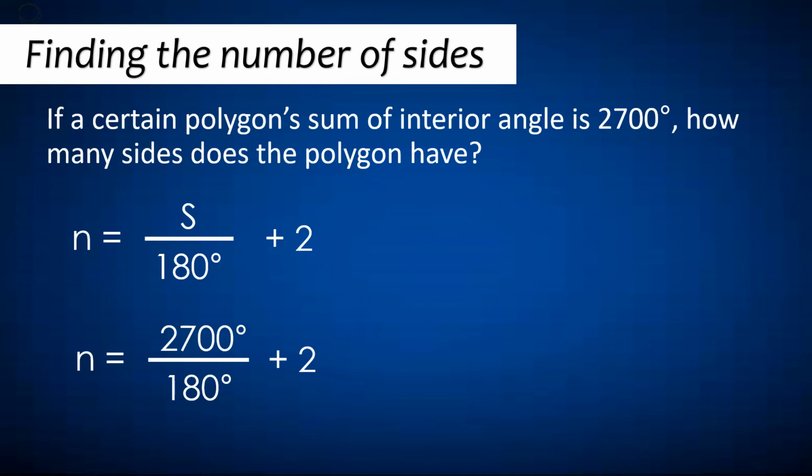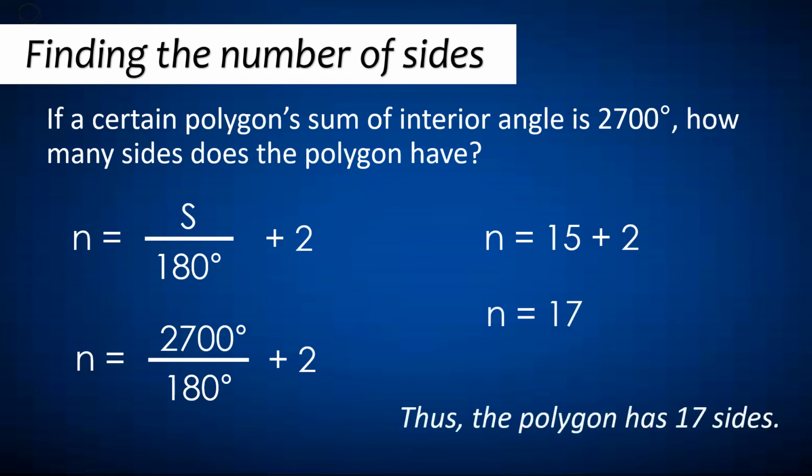So, 2,700 divided by 180 plus 2. 2,700 divided by 180 is equal to 15. Kaya magiging 15, tinabi lang natin si 2 since hindi pa natin siya nagagamit for computation. So, n is equal to 15 plus 2. And 15 plus 2 is equal to 17. Therefore, we can conclude na yung given polygon ay may 17 sides. Or kapag 17 sides, meron ang isang regular polygon, ang sum ng interior niya is 2,700.